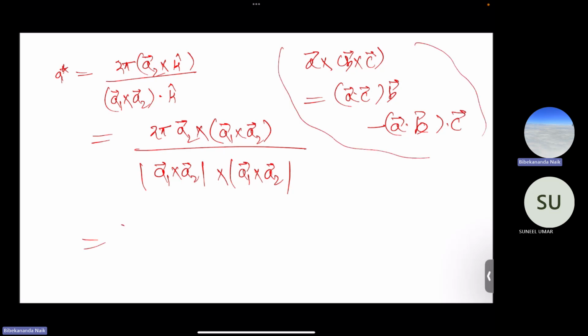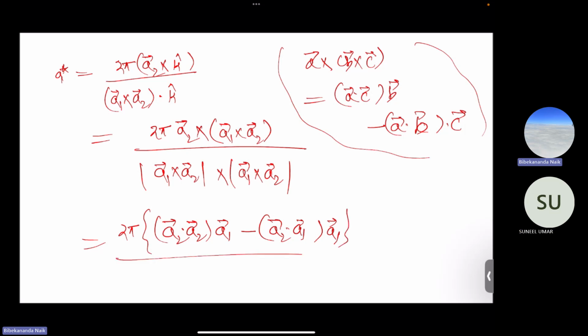So if you put this formula, it will be 2 pi [(A2 vector dot A2 vector) into A1 vector minus (A2 vector dot A1 vector) into A2 vector] divided by the mod square of A1 vector cross A2 vector.